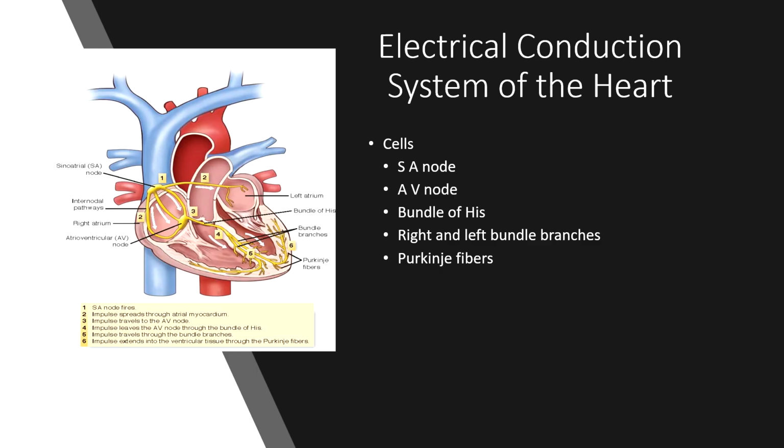So we're focusing on the conduction system right now in EKGs. So the electrical conduction system, the heart starts with the SA node, and then it goes to the AV node, the bundle, the right and left bundle branches, and then down to the Purkinje fibers. When we have a heart rate that initiates with the SA node like it should, then it's usually within 60 to 100 beats per minute.